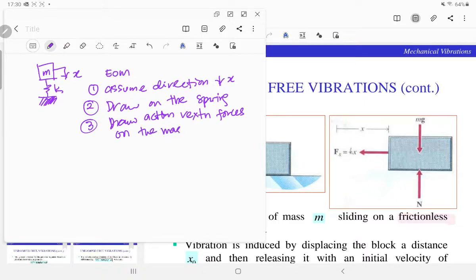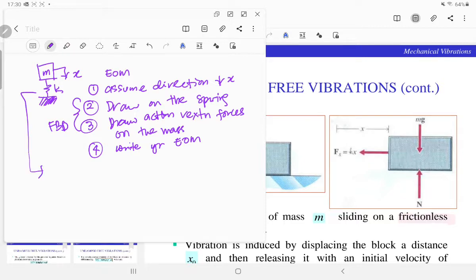These are the basic steps for how you draw the free body diagram. After that, you write your equation of motion. So this part is basically your free body diagram.